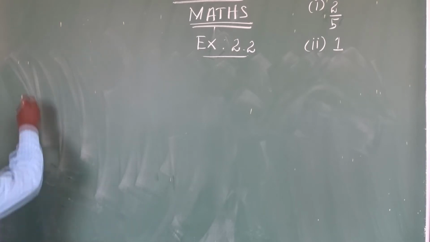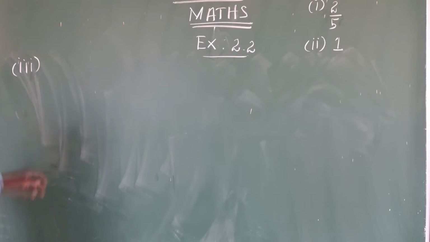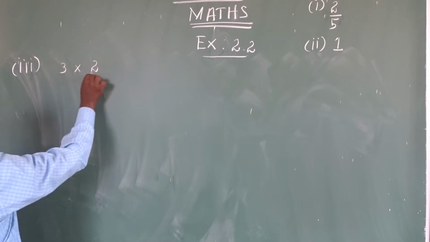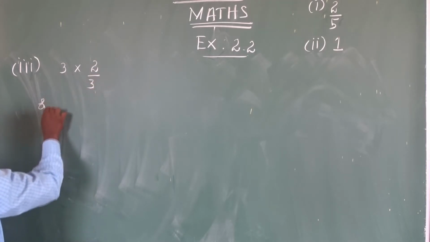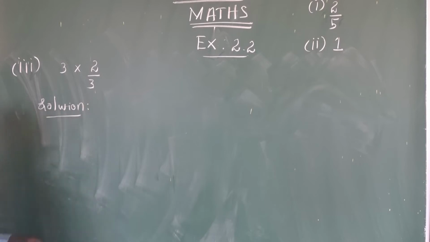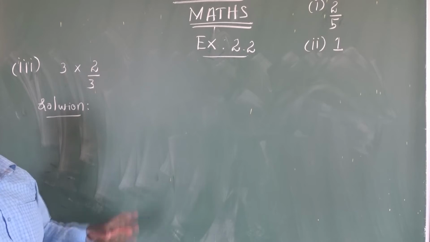Next, our third part of the question is 3 into 2 by 3. Here 3 is a whole number and 2 by 3 is a fraction.